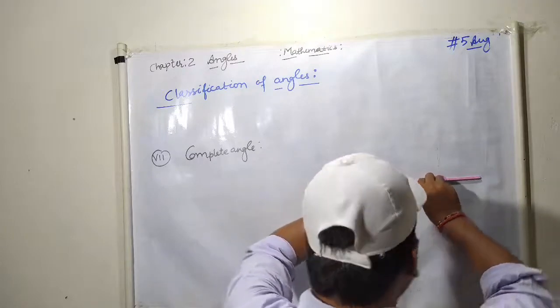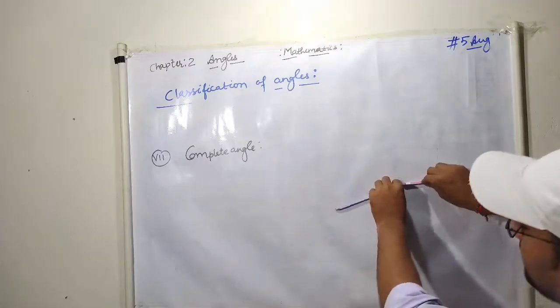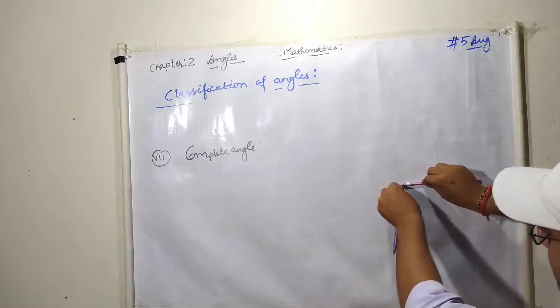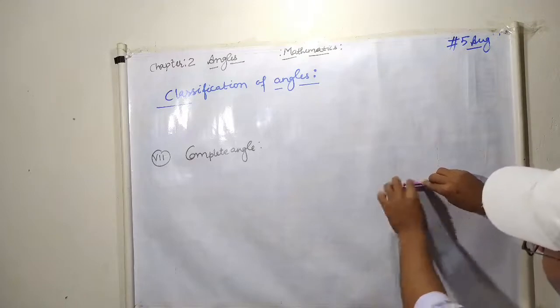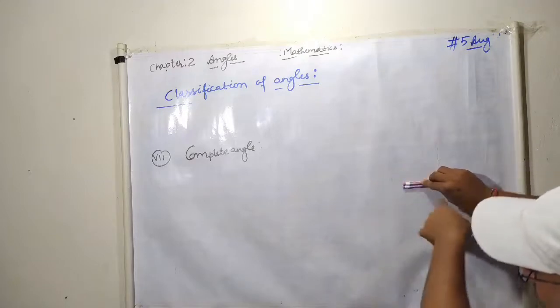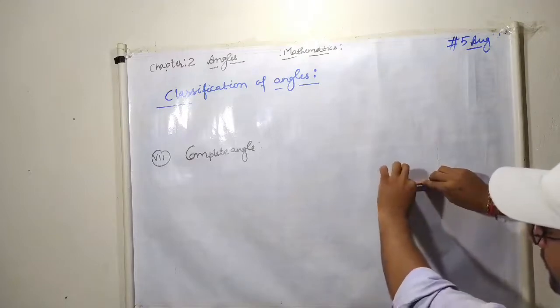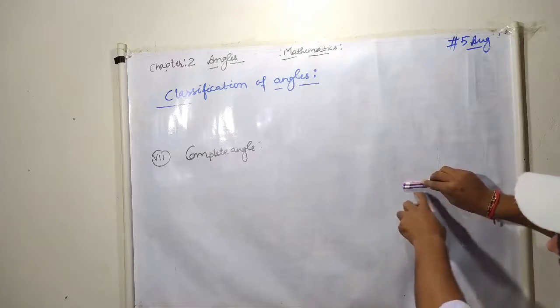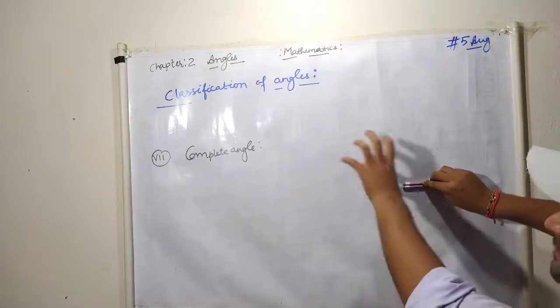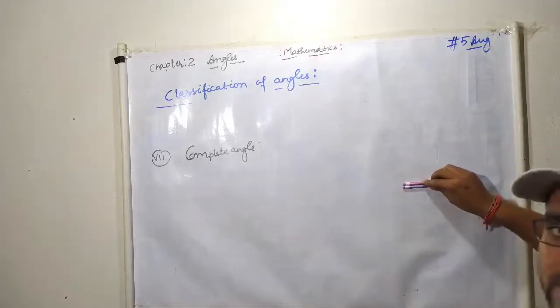When you increase this one, it is a reflex angle. When it completes one complete rotation from this common vertex, then this angle is known as a complete angle. Its measure is 360.